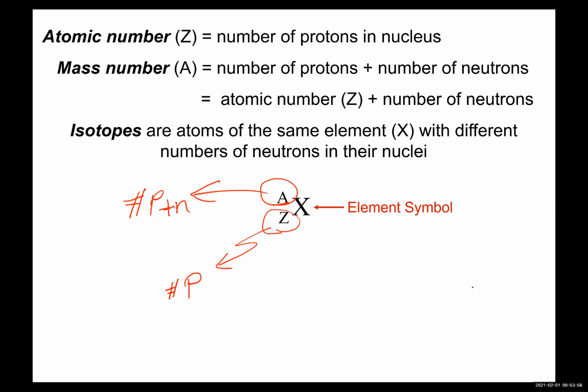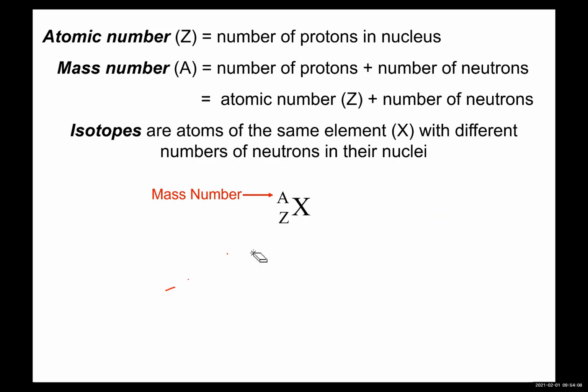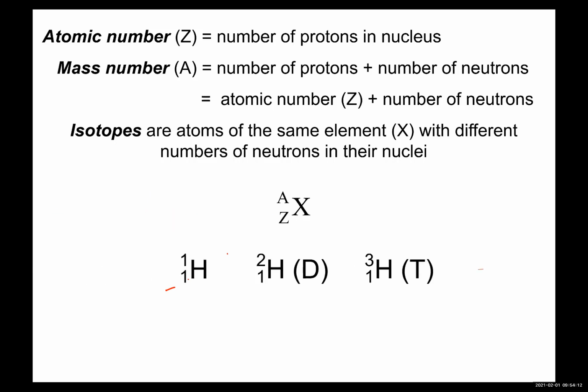So X is the symbol for the element, and the upper left number is the mass number, the number of protons and neutrons. And the bottom left number is the atomic number, the number of protons.